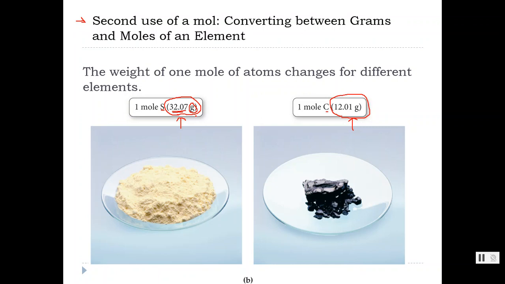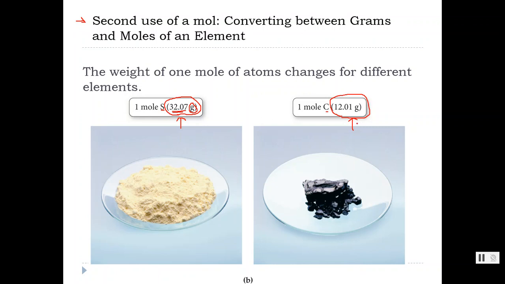And that's really helpful for chemists because when you're in the lab doing experiments in a normal semester, you don't count atoms on the scale, you weigh them out in terms of grams. And so now we have a very handy way to relate a mass that's easily manipulated in the lab to moles.